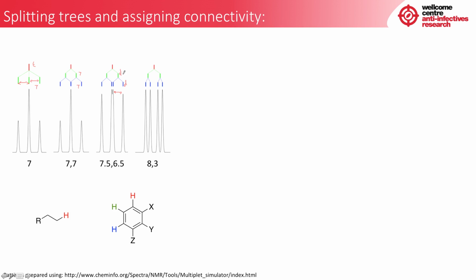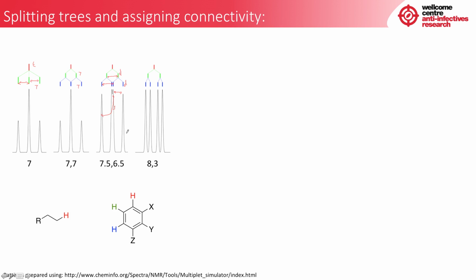However, we don't need to actually measure the center point because that spacing is the same as the spacing here. So we can take these lines or the equivalent of that signal and measure this, and that is our second J value, which is 7.5 Hz.